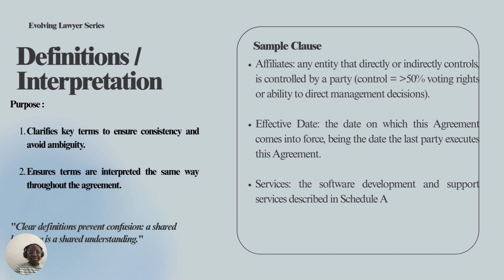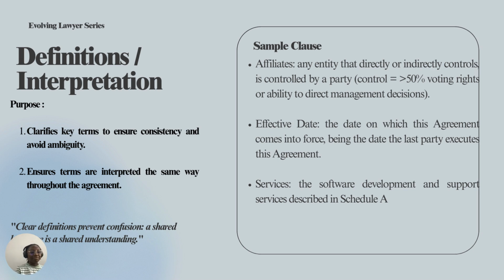If I define affiliates to mean entities that are directly or indirectly controlled by the contracting party, let's say the supplier, and then I say they must have 50% of voting rights, 50% and above, or the ability to direct management decisions, and then the other party doesn't think that definition of affiliates applies.